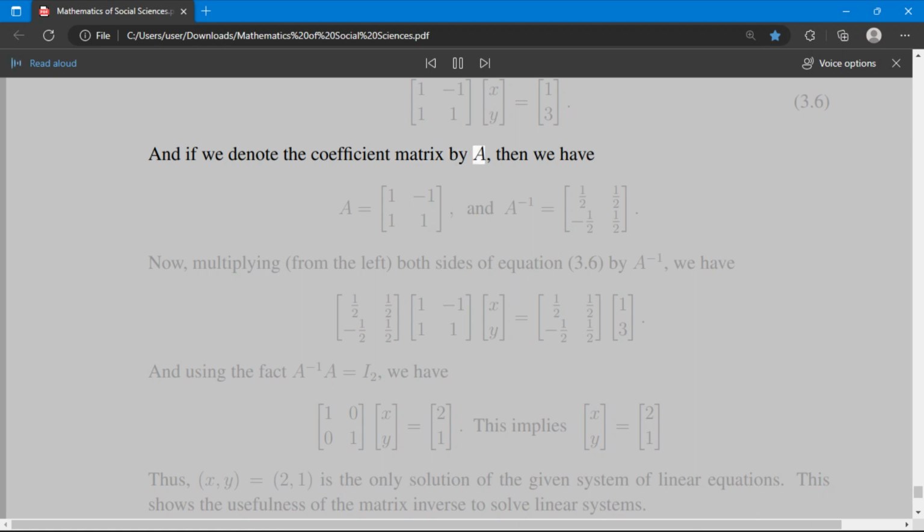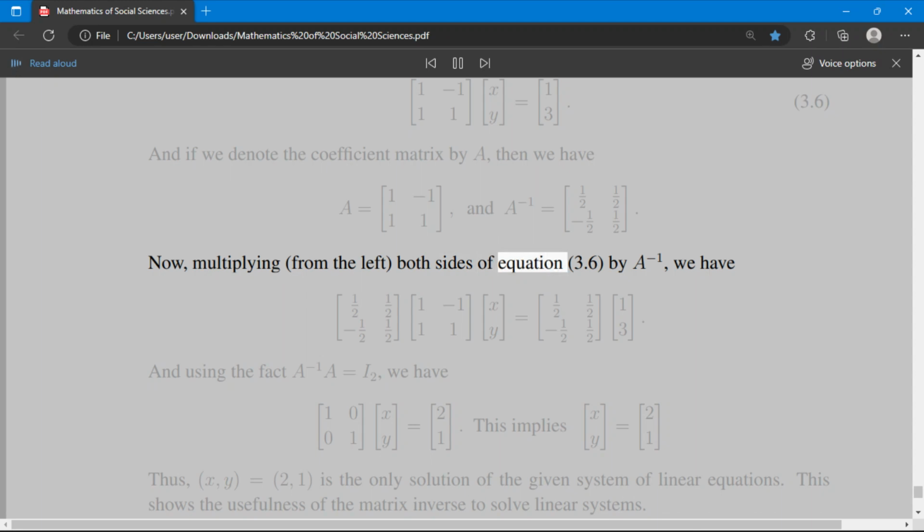(3.6) And if we denote the coefficient matrix by A, then we have A = [1 1; -1 1], and A^-1 = [1/2 -1/2; 1/2 1/2].